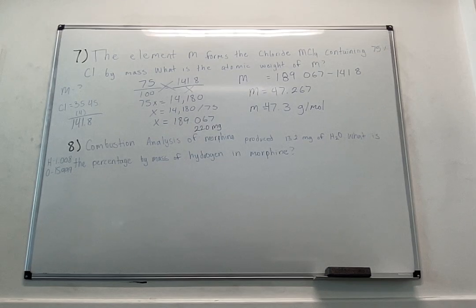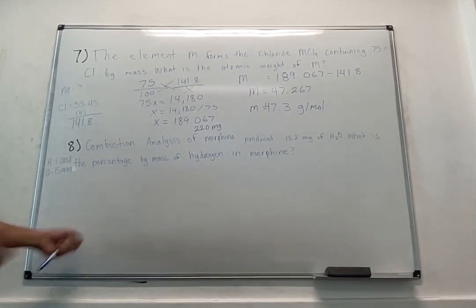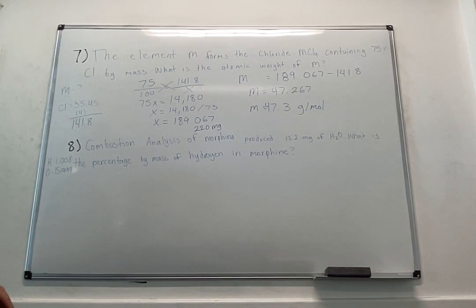What is the percentage by mass of hydrogen in morphine? Okay, so first of all, if you remember from the other video, we were exclusively using grams. But here in this problem, they give us milligrams just to throw us off.